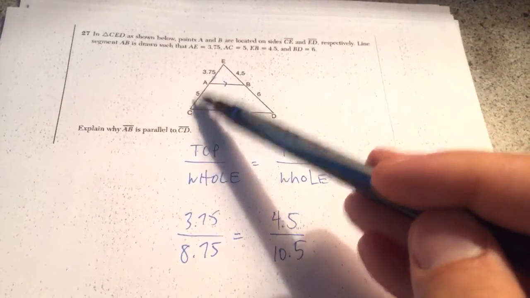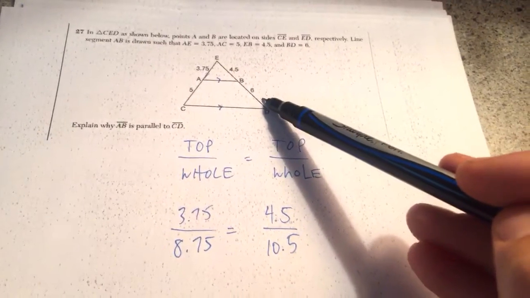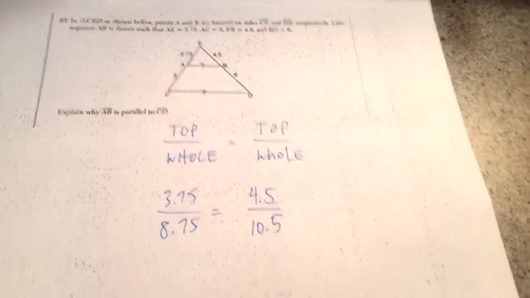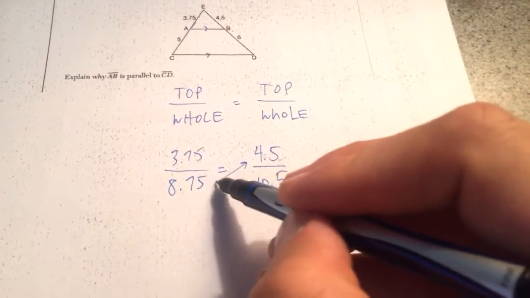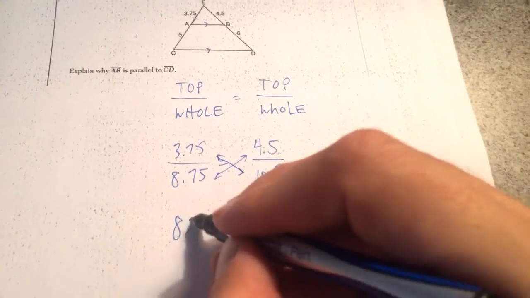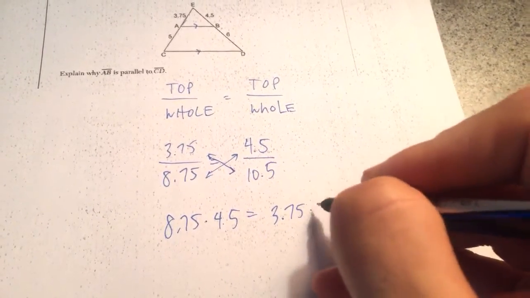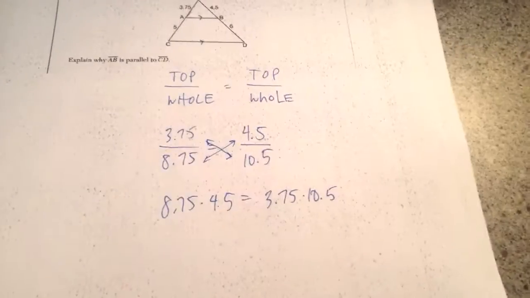If this segment to the whole segment is in proportion with this top segment to this portion, then these two lines are parallel. So in order to test for proportionality, what I do is cross multiply. So I do 8.75 times 4.5, and I'm going to do 3.75 times 10.5.